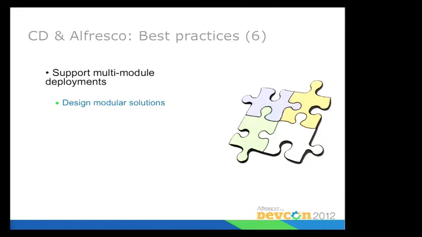Another thing that's very important in continuous delivery for Alfresco is to design modular solutions. Also, John Newton was talking about solutions yesterday, that this is getting more the focus of Alfresco, where you actually package your solutions in a clean way so you can extend Alfresco without touching the original code.